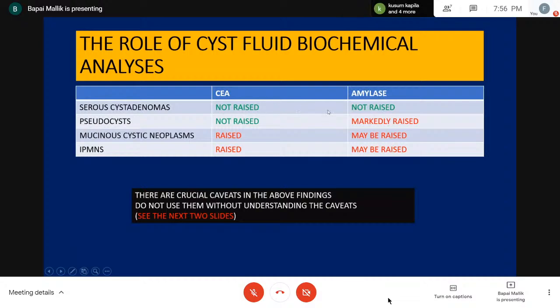Because serous cystadenomas are usually those tumors where surgery is optional, that you can avoid surgery, this is a very, very important finding. So if both these enzymes come back negative, it's pretty good for a serous cystadenoma. They have certain other implications, and we are going to talk about that when we discuss the Papanicolaou system.